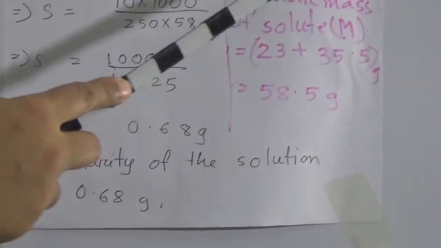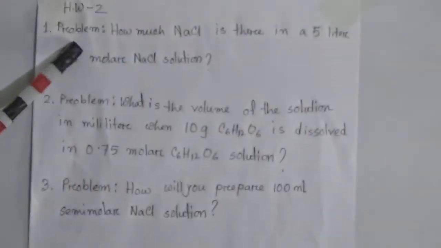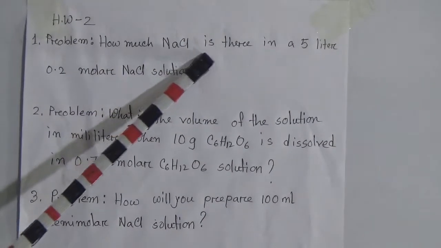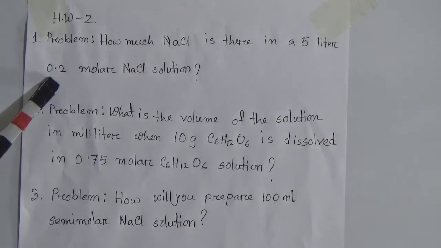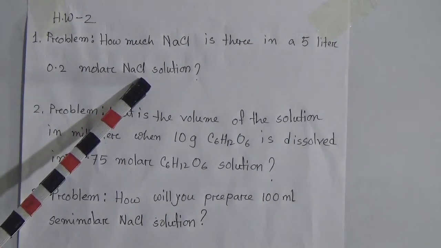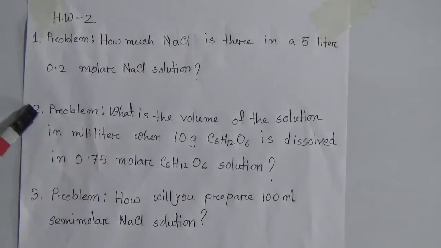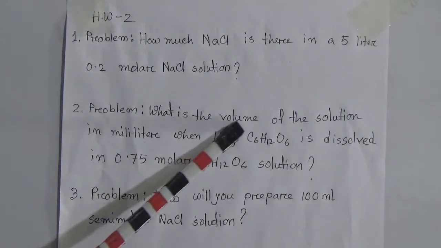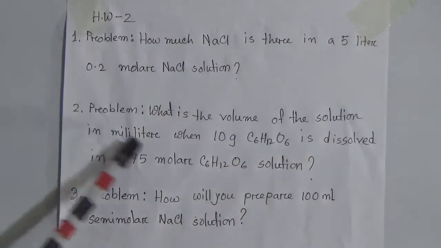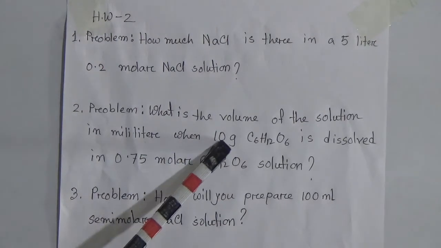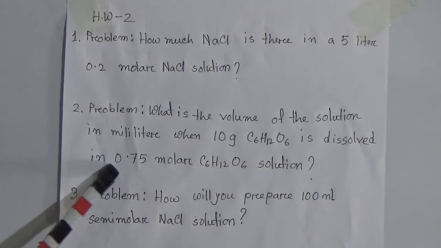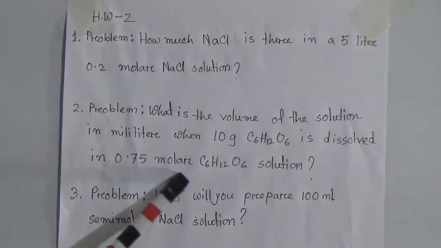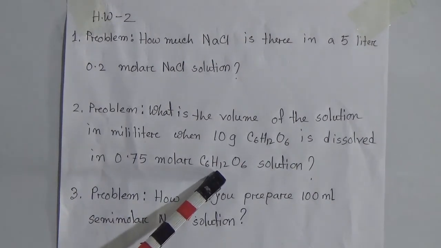You have to solve these three problems. The first problem is how much sodium chloride is there in a 5 liter 0.2 molar sodium chloride solution. And second problem is what is the volume of the solution in milliliter when 10 gram glucose is dissolved in 0.75 molar glucose solution.